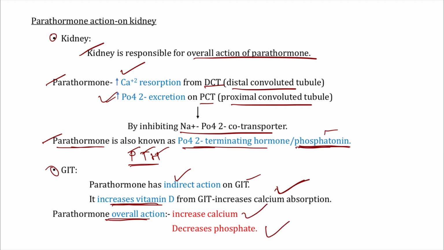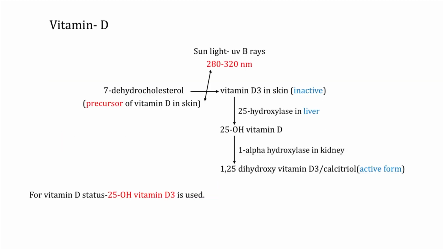Very important. So with this important note, after parathormone, the second hormone that we are going to discuss is vitamin D. See here, sir, for the synthesis of vitamin D, we need a certain precursor, and this precursor is 7-dehydrocholesterol present in our skin.